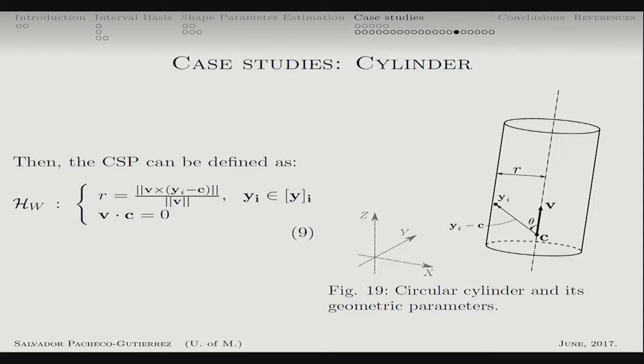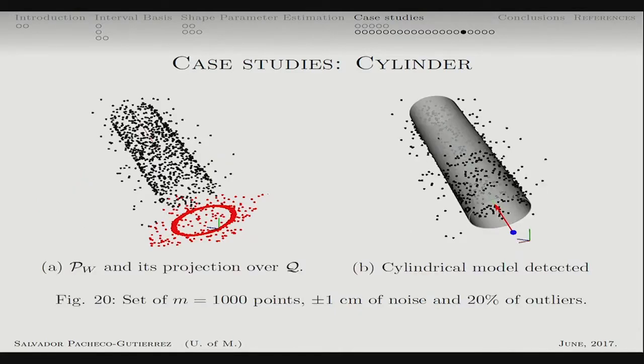So we decided to reduce the dimensionality of the parameters that we're looking for. What we did basically is use principal component analysis to define the axis of this cylinder. With that axis, it's possible to define a plane using this vector as a normal.